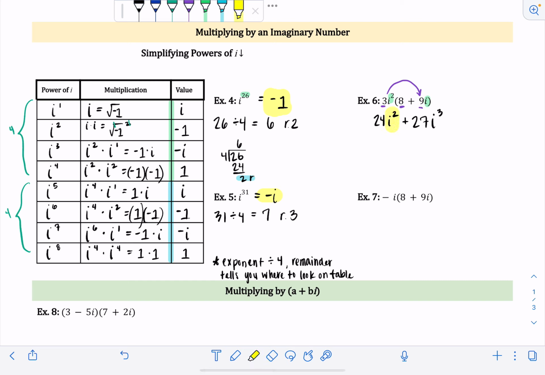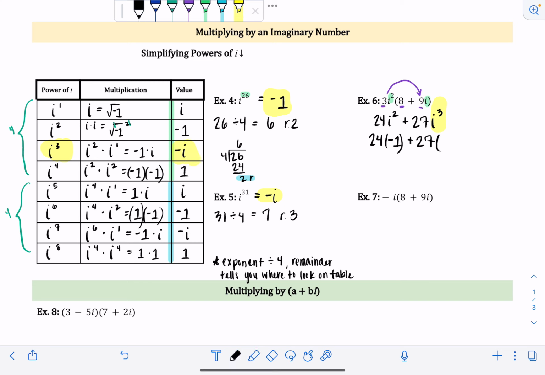So for the i to the second power, i to the second power is -1. So it'd be 24, and then I'm going to replace the i to the second power with -1. And then for the next one, plus 27, I to the third power is -i.